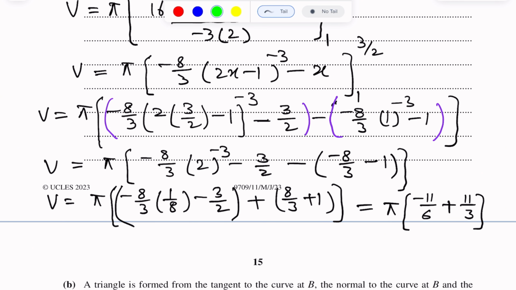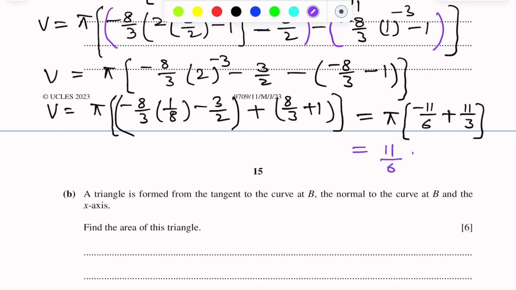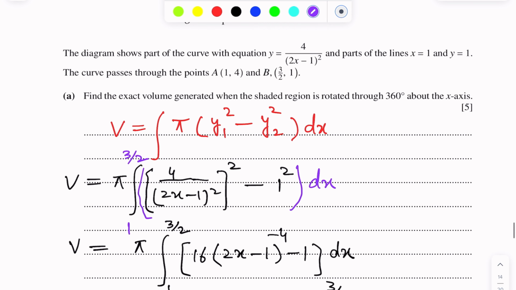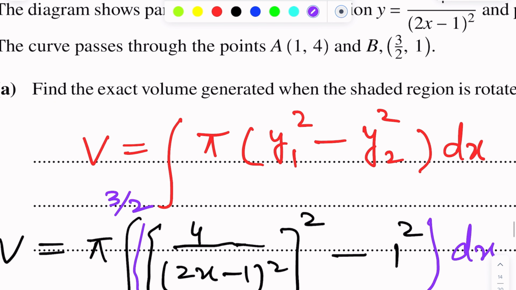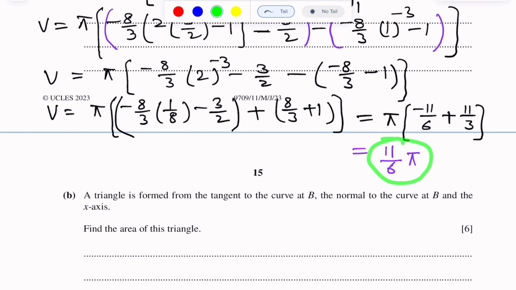Now we add these two fractions and will get the answer, that is 11 over 6 pi. This is the answer in exact form, because we have to give the answer in exact form. Exact form 11 over 6 pi.